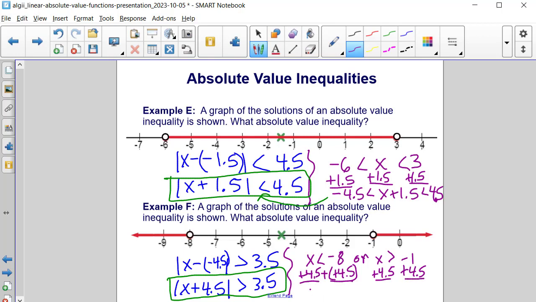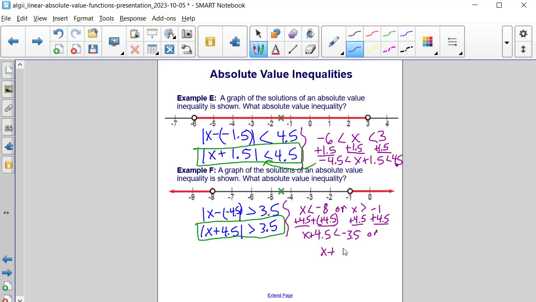We will end up getting that x plus 4.5 is less than negative 3.5, or x plus 4.5 is greater than positive 3.5. Notice we have the opposites here and the same exact expression on the left side.